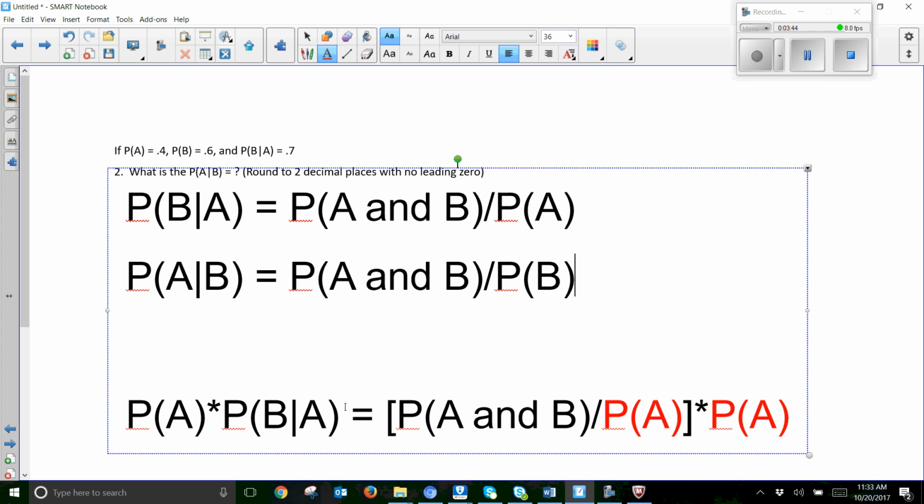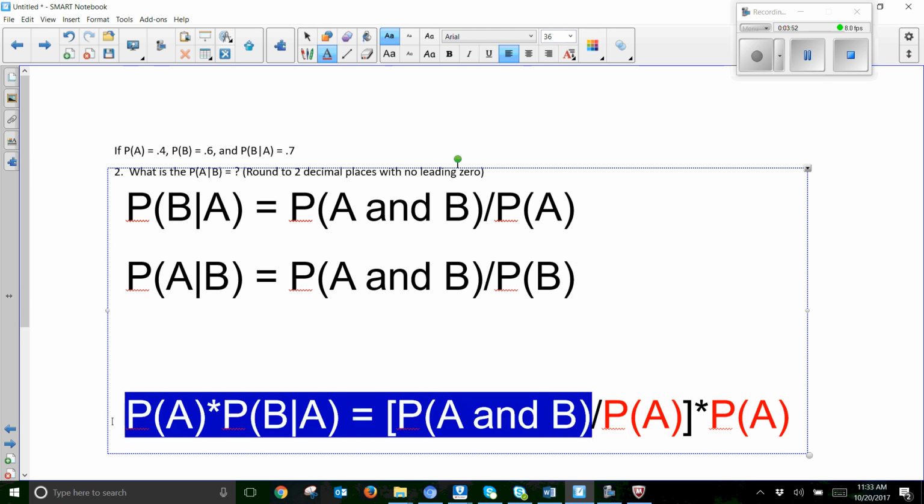Okay, these cancel out. So you're left with the probability A times the probability B given A equals the probability of A and B.